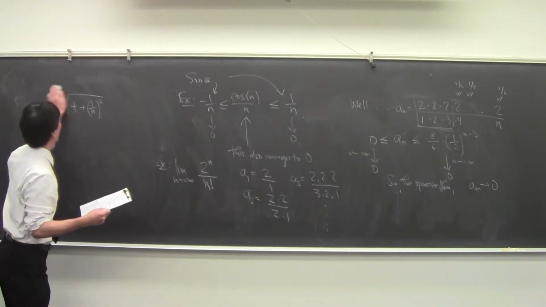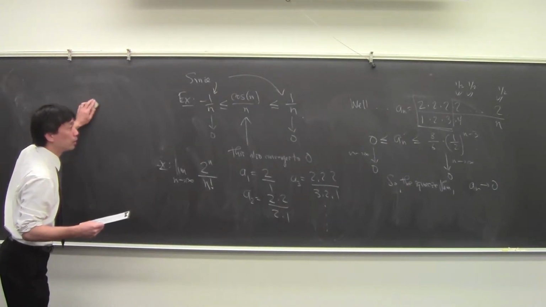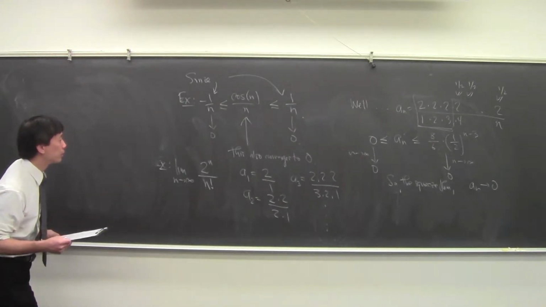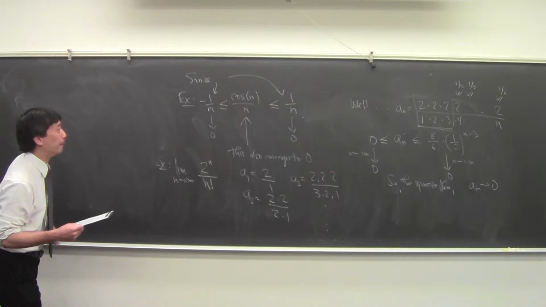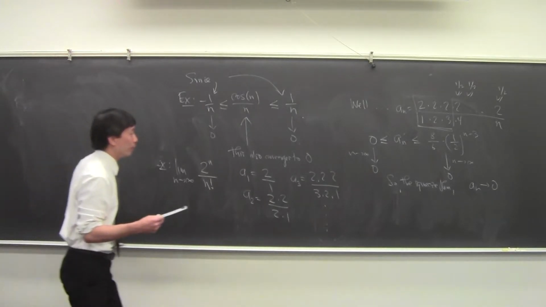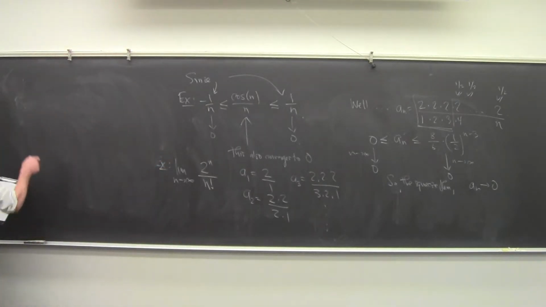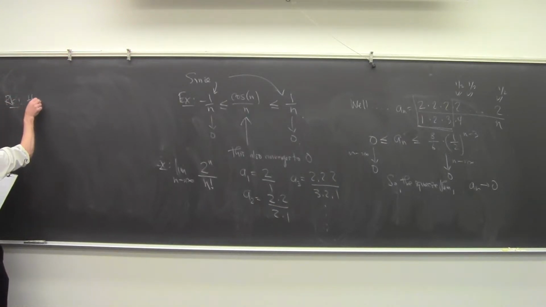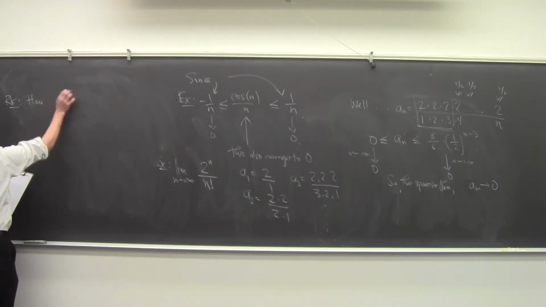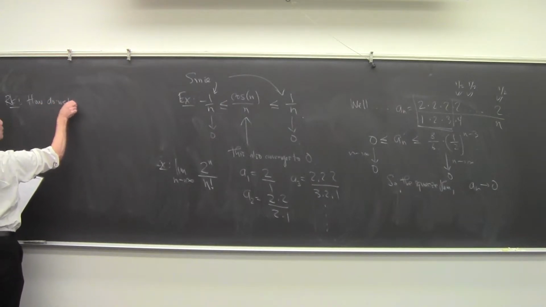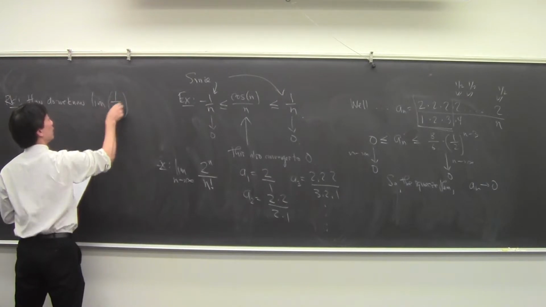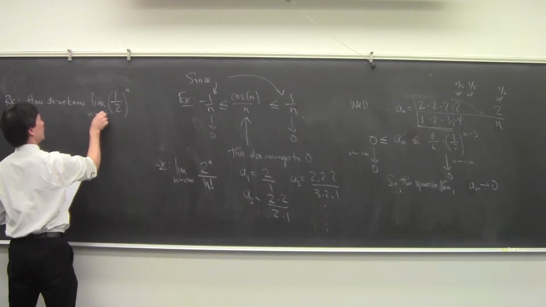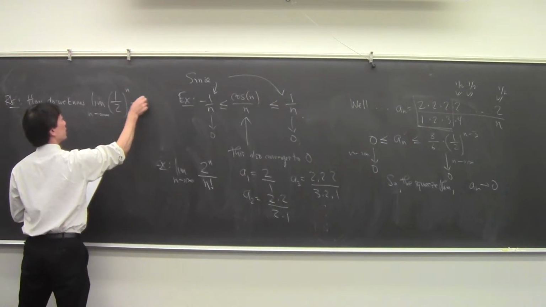Actually, let me make one remark before we do that. How do we know that the limit of, say, 1/2 to the n as n goes to infinity is 0?